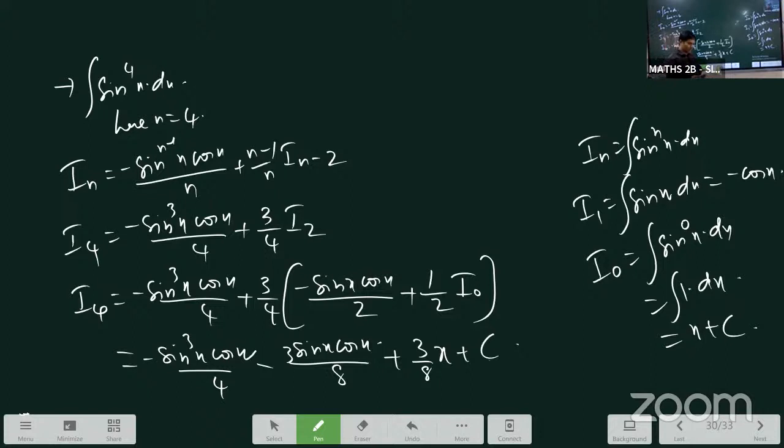Only 5 minutes I will take. Let us do some 2 marks of integration which are very important. He has asked these many times.